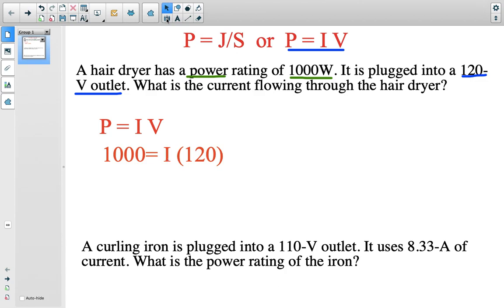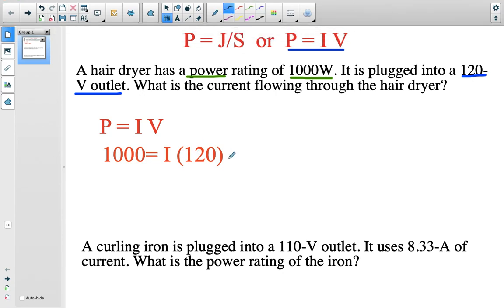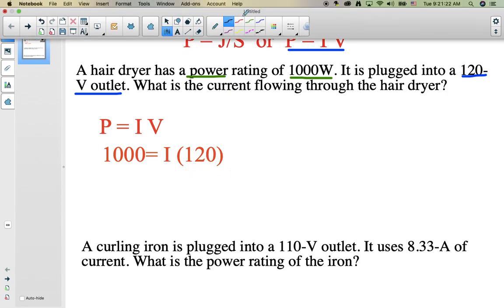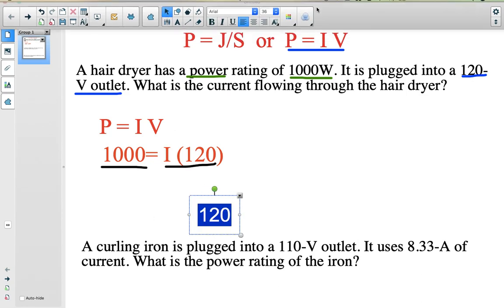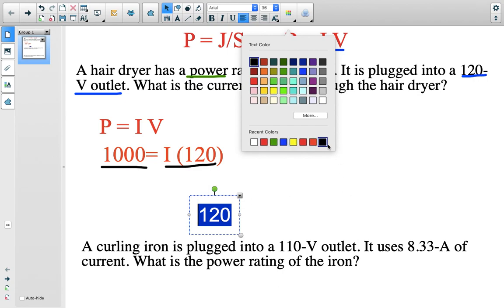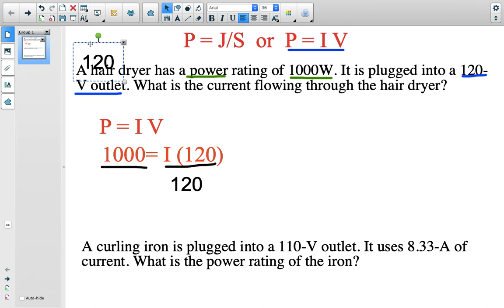Now we have to isolate for our variable. Well, what's the opposite of multiplying by 120? Well, it's dividing by 120. So what I'm going to do is I'm going to divide by 120 to both sides. And then you should get what I equals to.